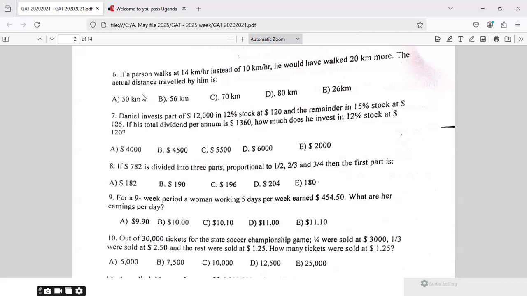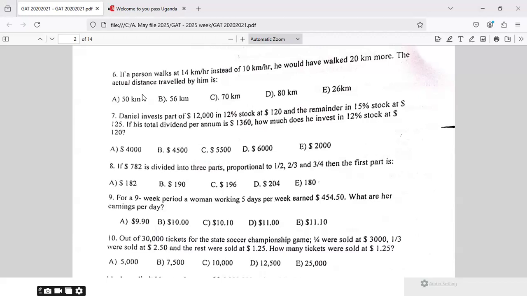So this question wants us to find the actual distance traveled. When you read the statement, they say if a person walks 14 kilometers per hour instead of 10. So initially, say walking from Kampala to Nakawa takes you 10 kilometers per hour.